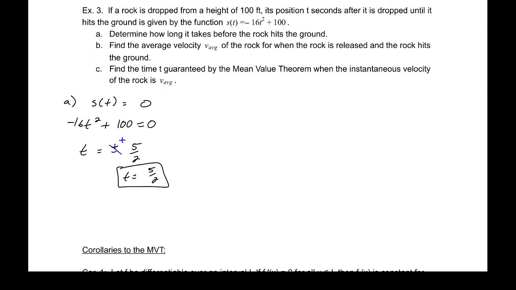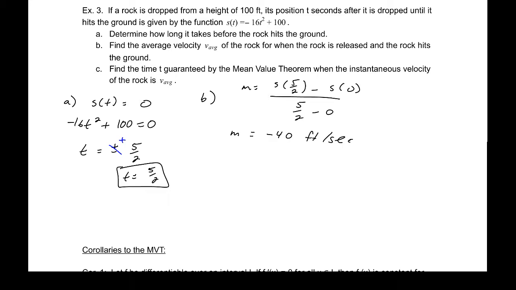All right. Well, find the average velocity of the rock when the rock is released and when the rock hits the ground. So that would be the slope equal to S of 5/2 minus S of 0 divided by 5/2 minus 0. And that is -40 feet per second.